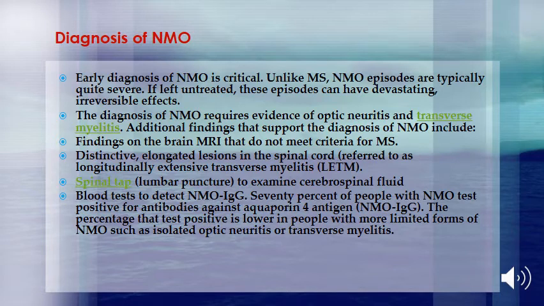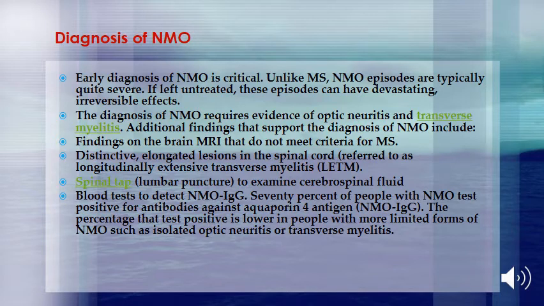Another finding, in the MRI of the brain, which does not meet the criteria of multiple sclerosis, also supports the diagnosis of NMO. Examination of the LP CSF analysis for protein, cells, and aquaporin 4 antibodies supports the diagnosis of NMO.